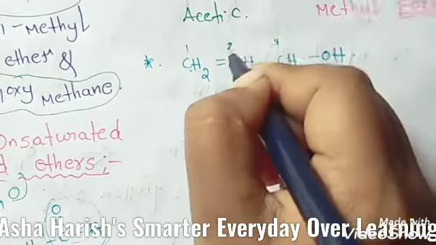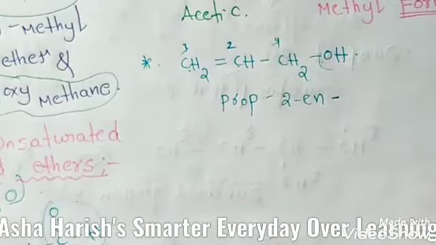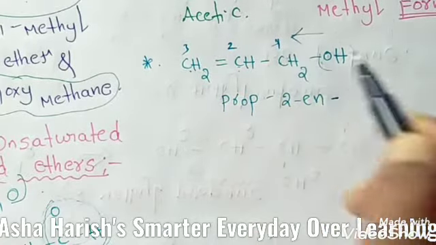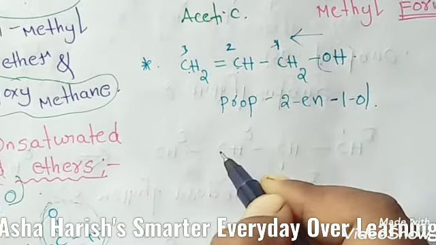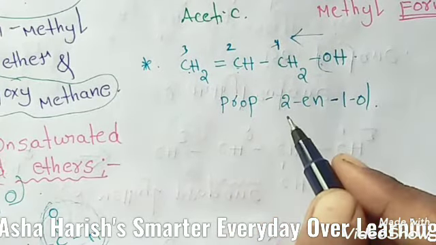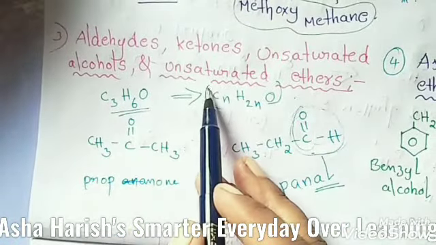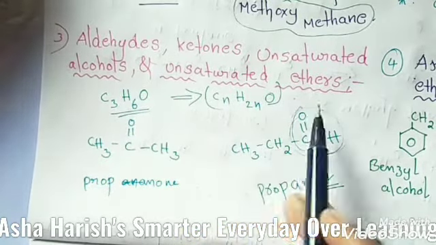The numbering should be like this, because this is the alcoholic group and you should give first priority to this group, so the numbering should be from this side, 1-ol. The name is like this. This is about the third type, the aldehydes and ketones, unsaturated alcohols and unsaturated ethers, with the examples.